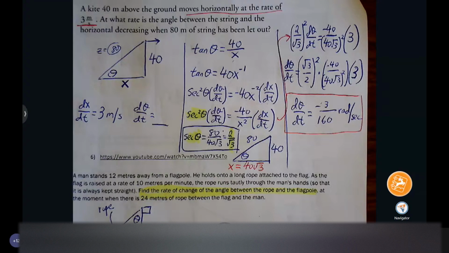Well, the ratio is fine, but the problem is that when you get to this x value, if you don't have the exact x value, it's not going to give you the right answer here. So if you want to just leave it as square root of 4800, I think that's fine. And just use this value instead for your secant theta, if you don't want to go all the way down to 40 root 3.